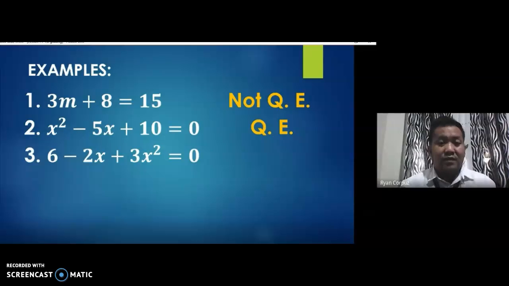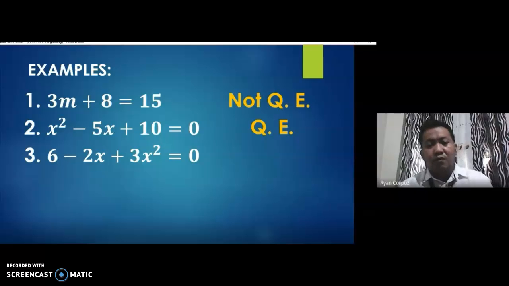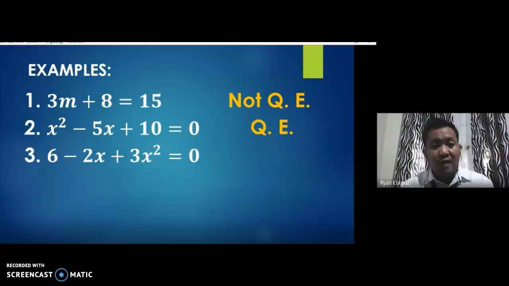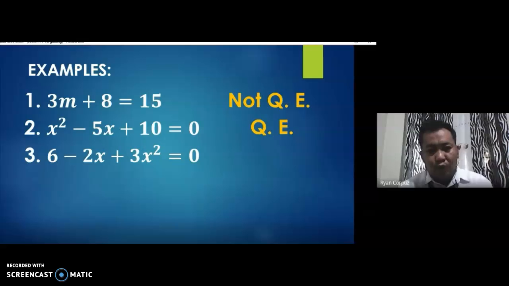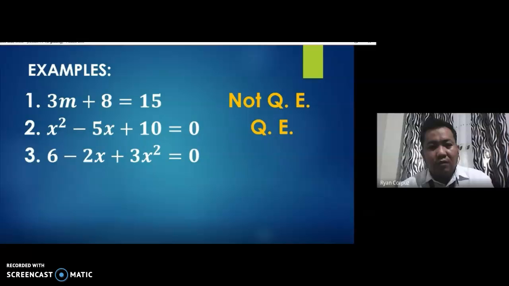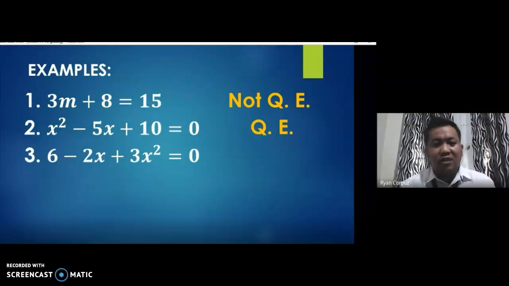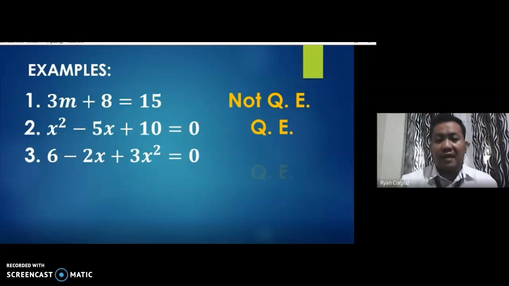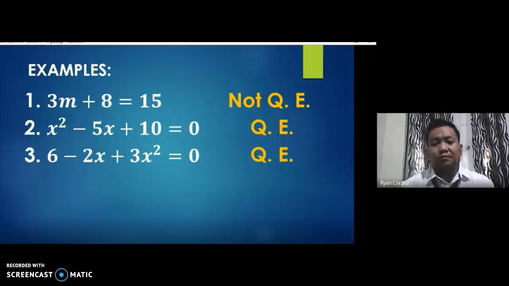But even though it was not arranged in general form, we can still see a term which has 2 as the highest exponent of the variable, and it only involves one variable. It's just like you write number 2 the opposite way. But still, even though it's not written in general form, example number 3 is still considered a quadratic equation.